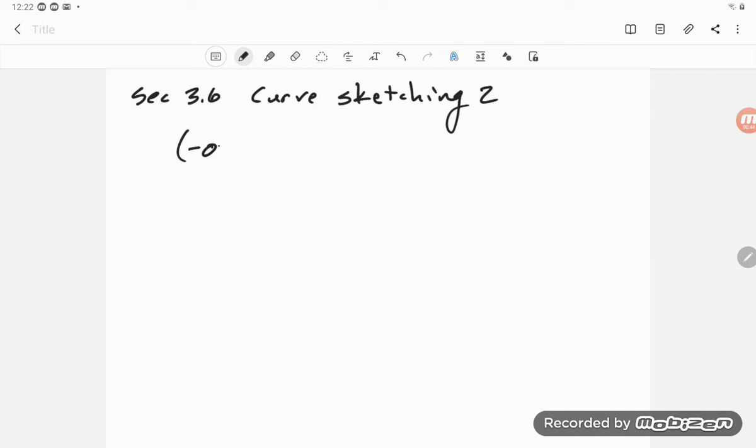So from minus infinity to -3, we're told that f is greater than 0. We're told that f prime is less than 0. And we're told that f double prime is greater than 0.